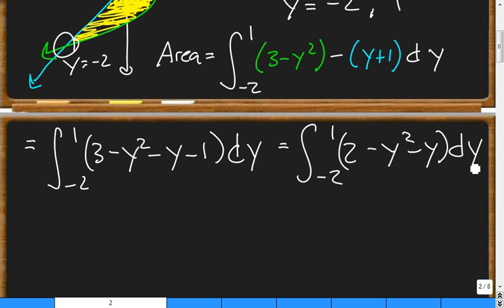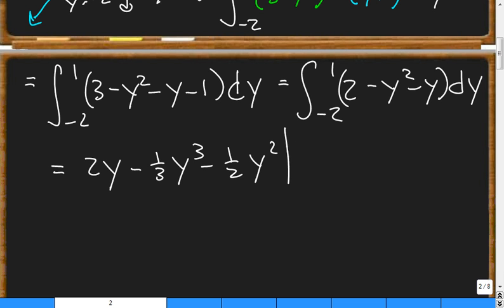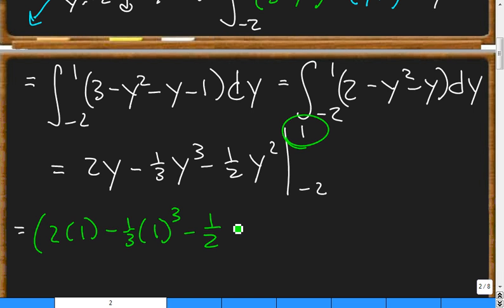So now we can integrate. Our integration gives 2y minus 1/3 y cubed minus 1/2 y squared, from -2 to 1. Now we plug in our numbers. First we plug in 1: 2 times 1 minus 1/3 times 1 cubed minus 1/2 times 1 squared.